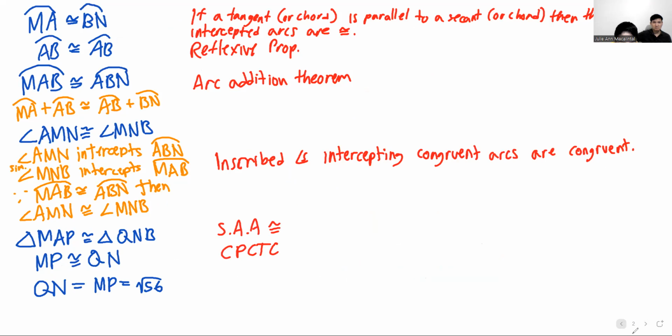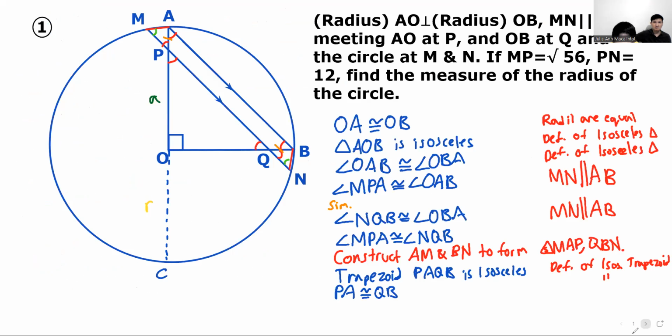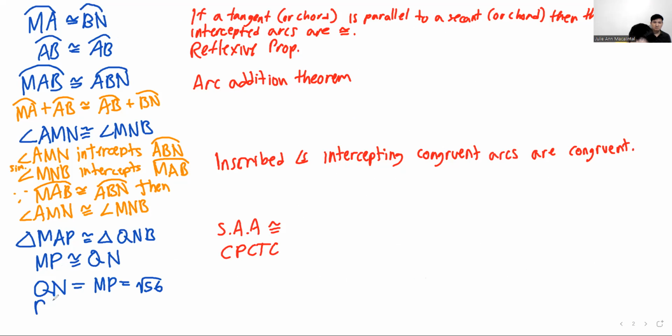Since we know what PN is, we can find PQ. PQ is equal to PN minus QN. Substituting, that is 12 minus square root of 56.